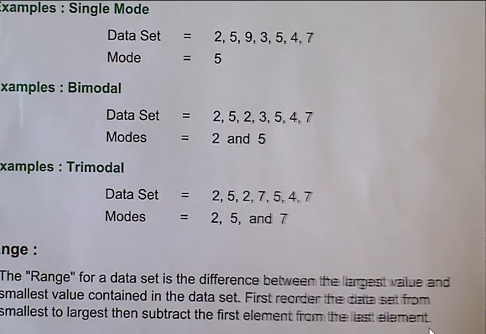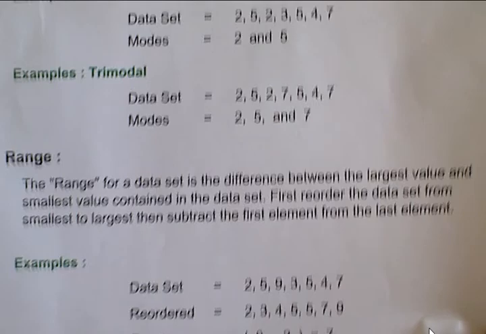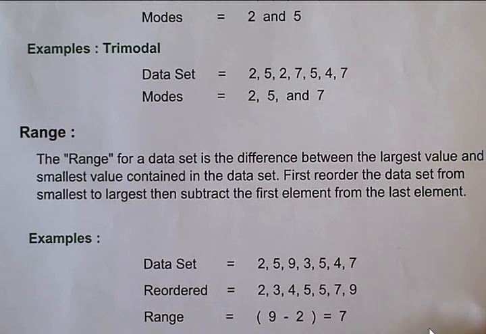And then the last one that you're being asked to do is to find the range. Range is one of the ways that we talk about dispersion or spread. The range for a data set is the difference between the highest and lowest. Normally I would say they're going to tell you to put them in order from smallest to largest first. You don't need to do that.